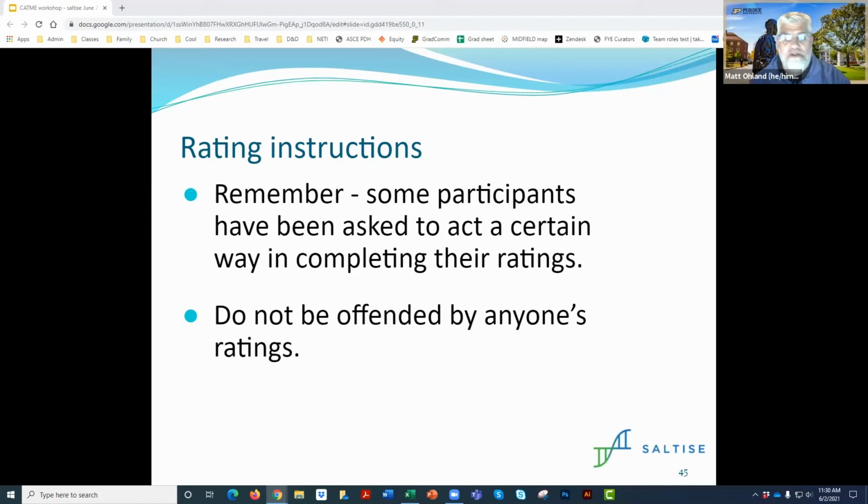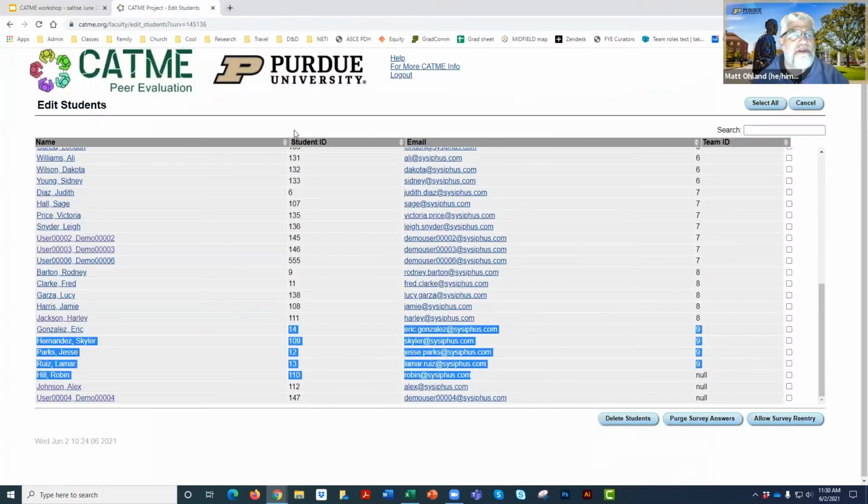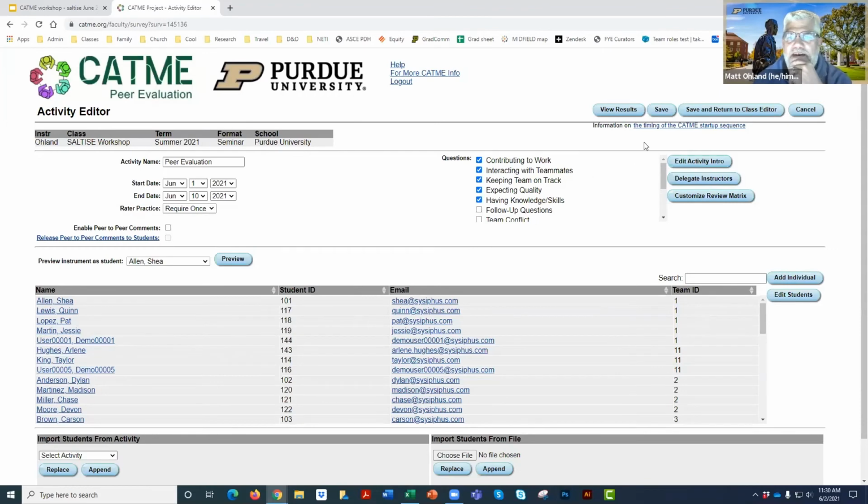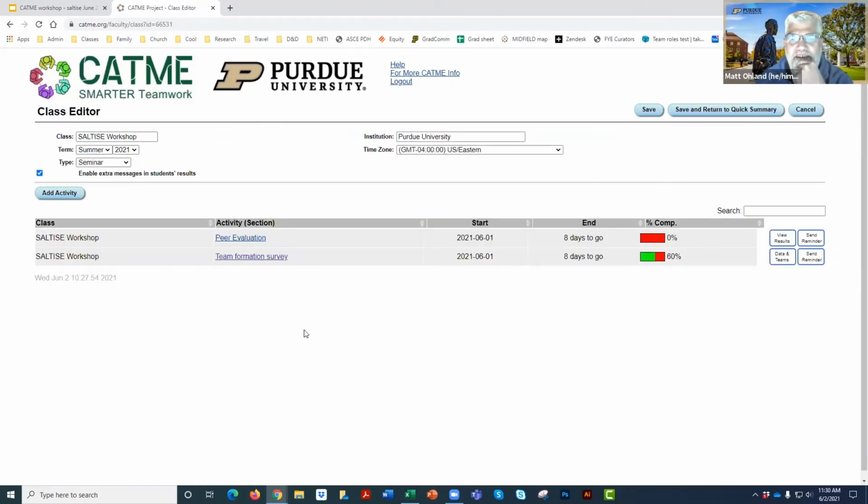So if you're still logged in to your particular fake identity, you should all see that a peer evaluation survey is now available. So if I go back to the main screen, I believe this is saved, but I'll make sure that it is. Let me know if it is not visible to all of you.